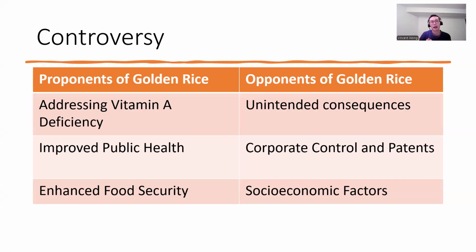There are potential financial as well as political impacts, right, from this kind of corporate presence in low-income countries. Also, socio-economic factors, right? That has to do with access. Once you get the golden rice to these countries, how do you distribute it equitably, right?